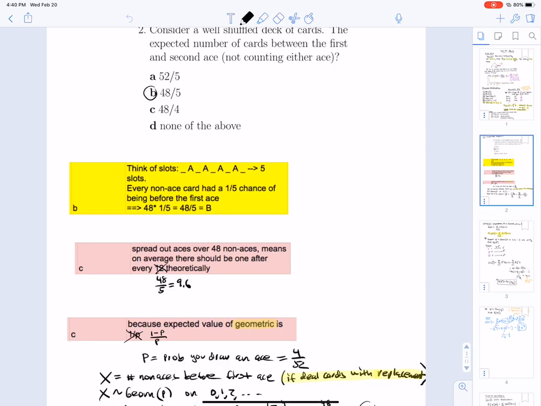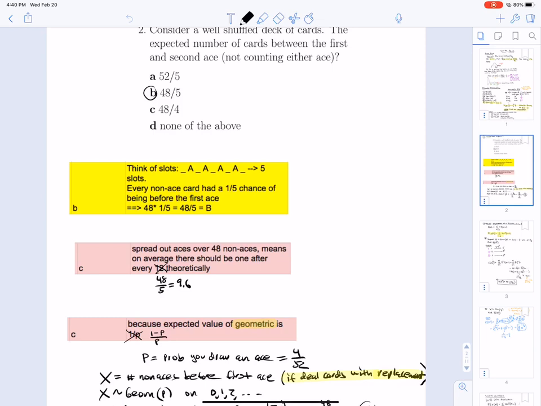So the problem is that, remember, geometric requires independent trials. And with our card question above, the cards are drawn without replacement, right?